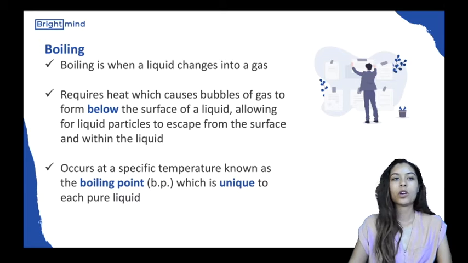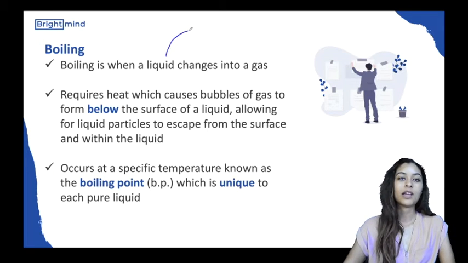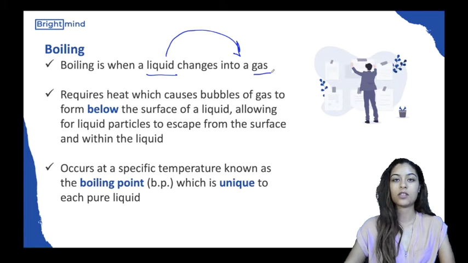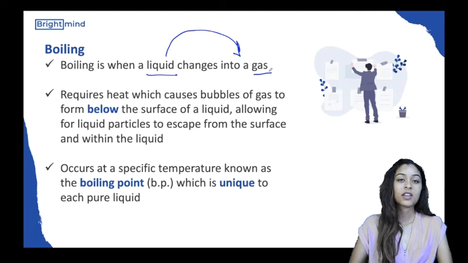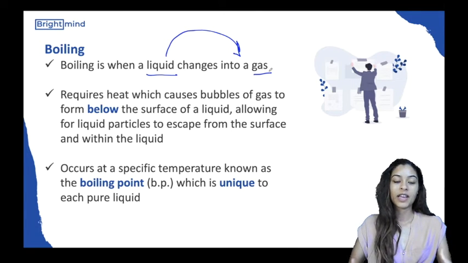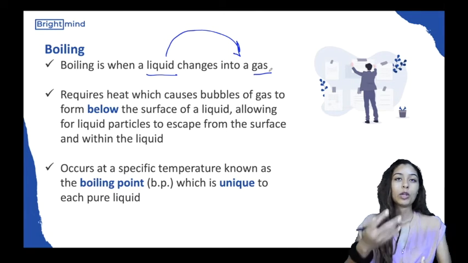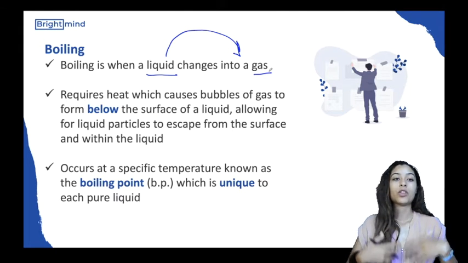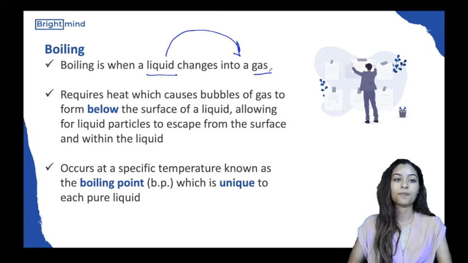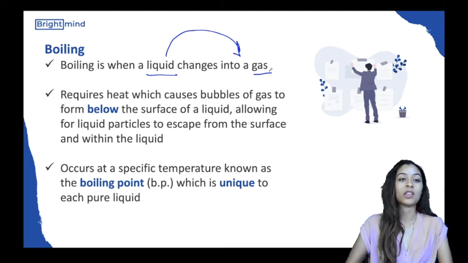Okay, and if we move on, let's look at boiling. So boiling is when we talk about a liquid changing into a gas. So this is the state change, and boiling requires an input of heat, and this causes bubbles of gas to form below the surface of the liquid, and they then rise, and when they rise, these particles escape from the surface and within the liquid.